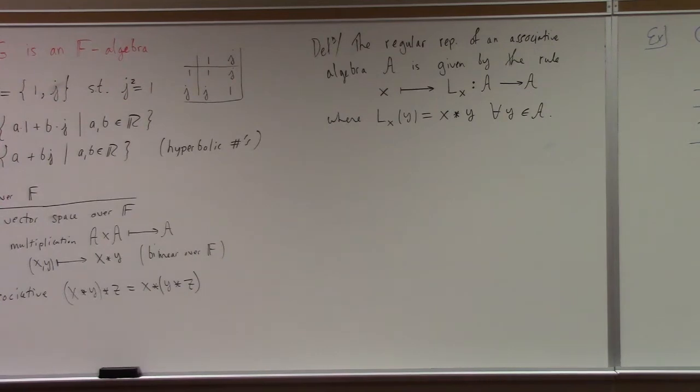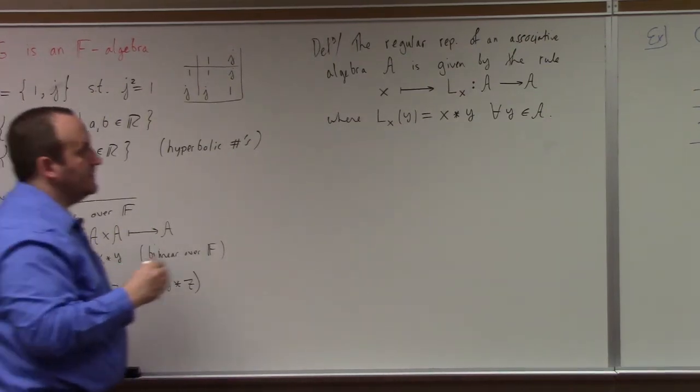I'm taking each algebra element, x, and I'm assigning it an endomorphism, L sub x, a linear transformation on the algebra. Right. That is a representation in the sense that I'm looking, and I haven't proved to you it's a representation yet, right? But we can. And I need to assume, though, that the algebra is associative. Let me show you why.